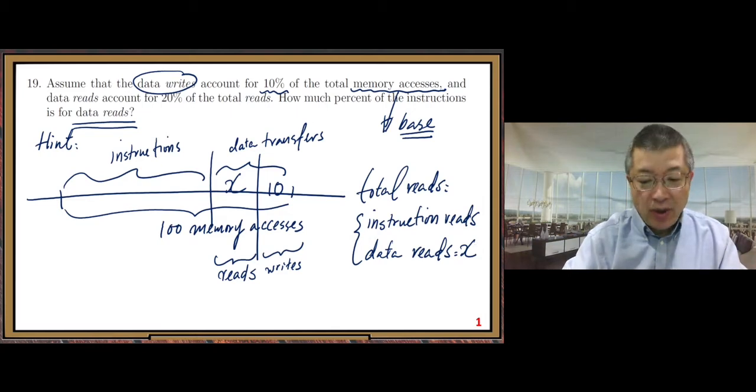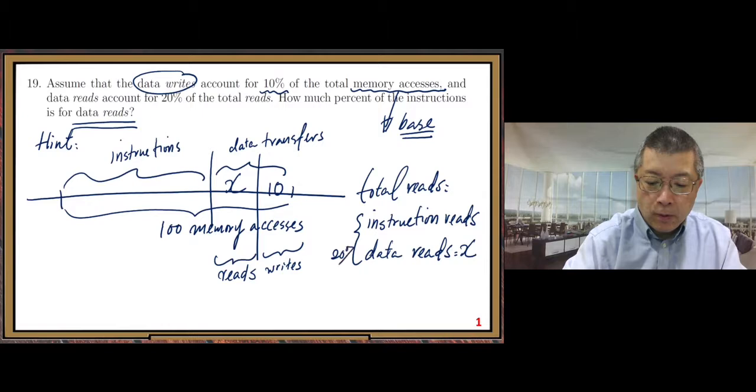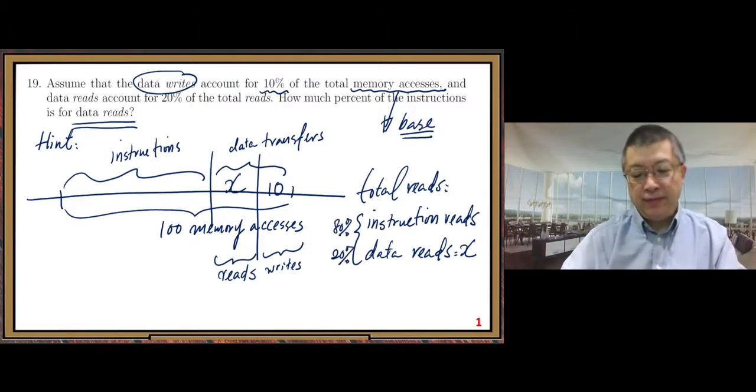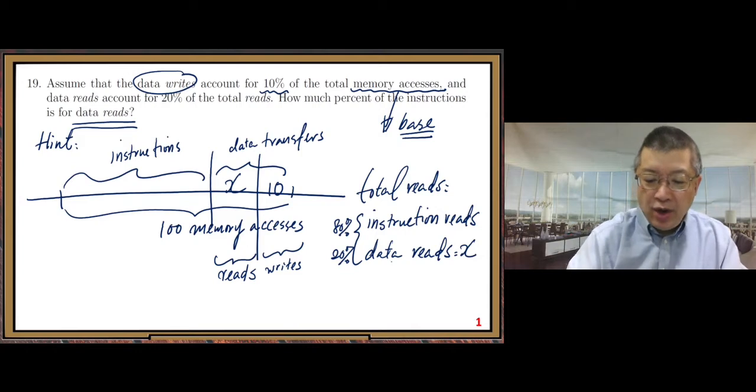So 120% here, 80% here. 20% corresponds to X, and 80% is 4 times that, right? So can we say 4X?